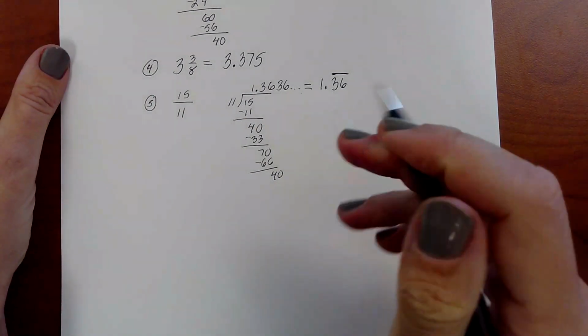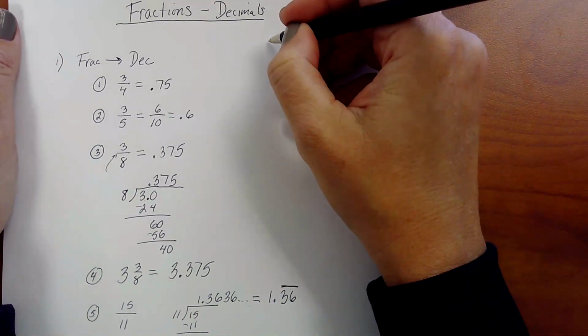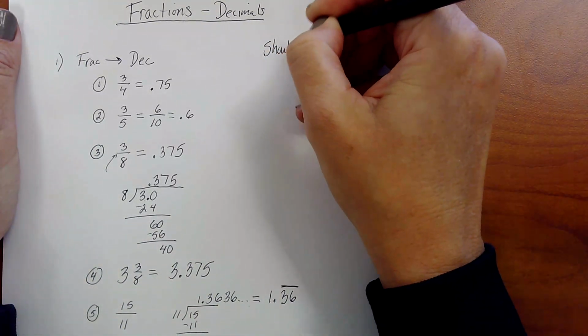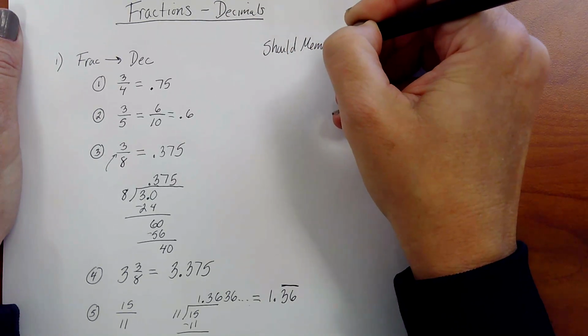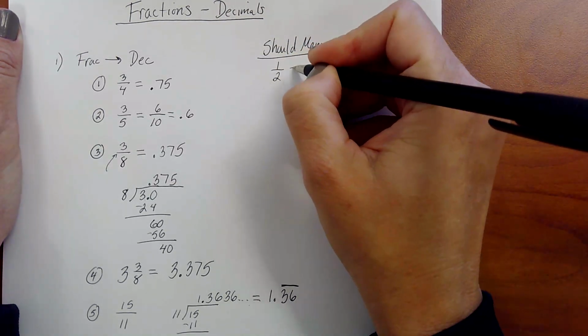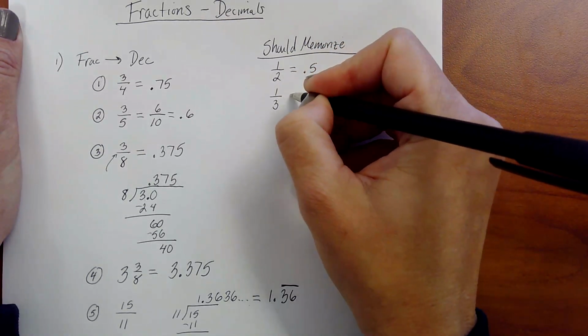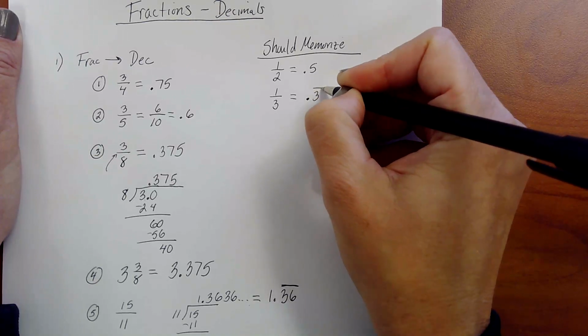Okay. I wanted to write kind of on the side here. There are some that you should just have memorized, so I'm just going to make a list of those. It just makes your life easier. So, a half, you should know, is 0.5. A third, you should know, is 0.3 repeating.